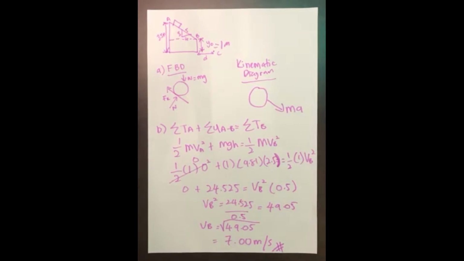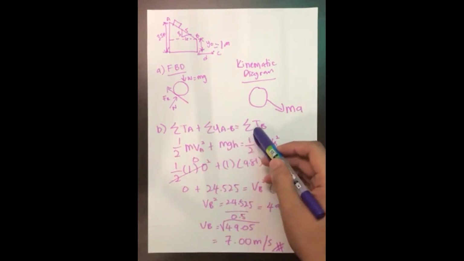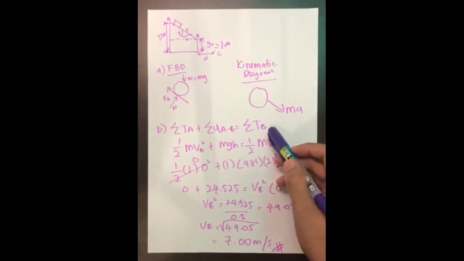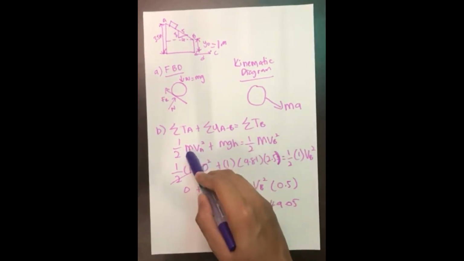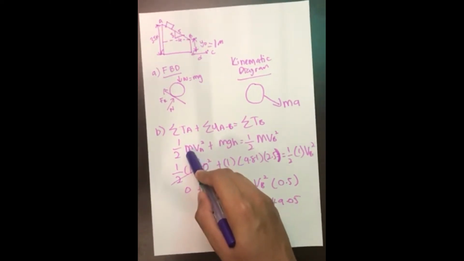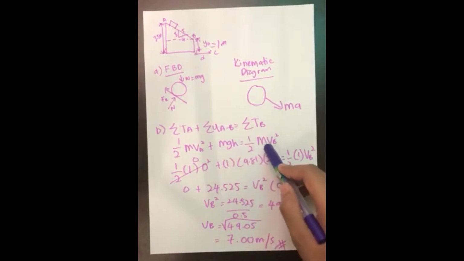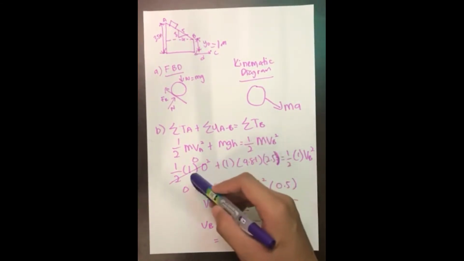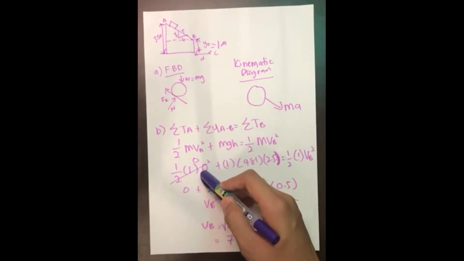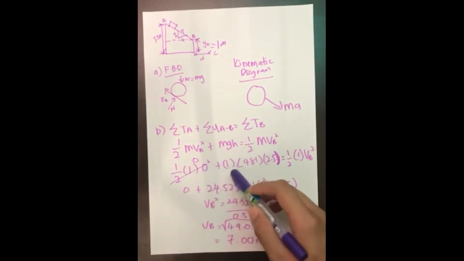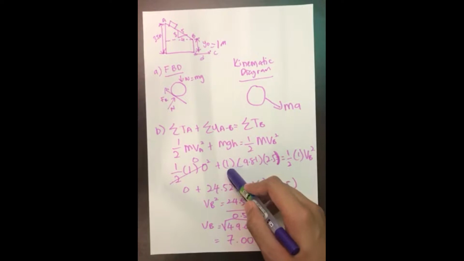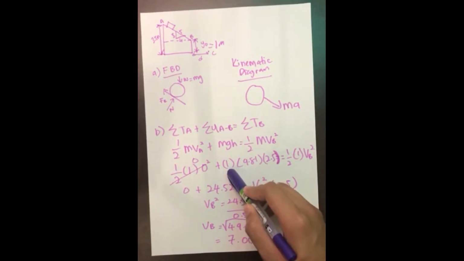To calculate the speed of the object, we use the principle of work and energy. This equation represents the principle of work and energy. This term is the kinetic energy at point A, this one is the potential energy, and this one is the kinetic energy at point B. As the object is at rest at point A, the velocity is 0, and this is the mass of the object, which is 1 kg.